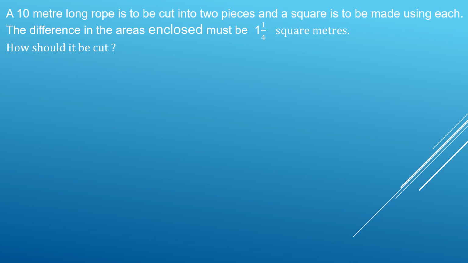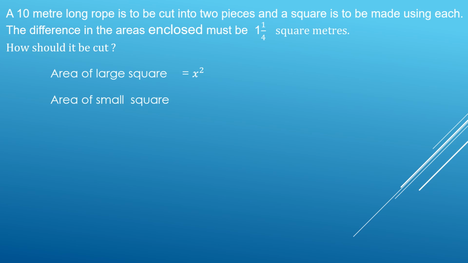Okay. Again, in the next sentence the area difference is given. So the area of the large square will be what? Yes, area will be side into side. Large square has side x, so area will be x square.